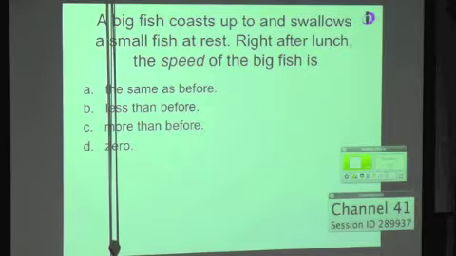Do they bounce off each other and rebound, or do they stick together? Yeah, if it's eaten, it's inelastic. They stick together. This is conservation of momentum. Think about the total momentum before and the total momentum after.